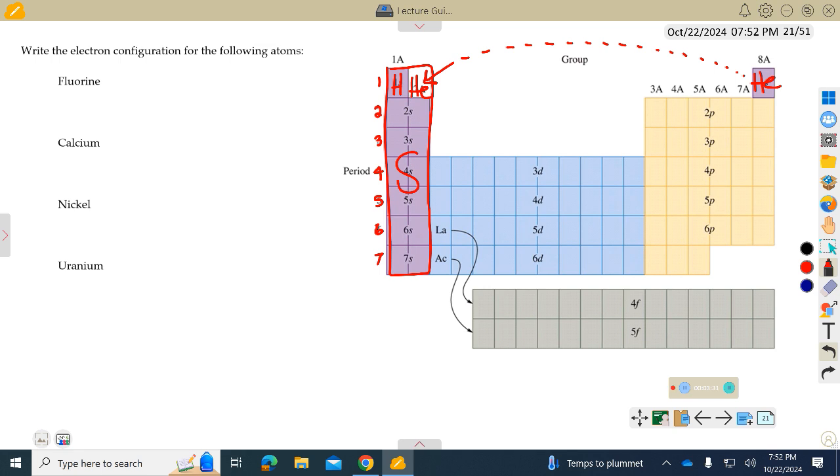He's a non-reactive gas. So we leave him on the far side with neon, argon, krypton, xenon, radon. But for electron purposes, we do kind of put helium in the 1s row. Helium does fill the 1s orbital with 1 and 2 electrons.